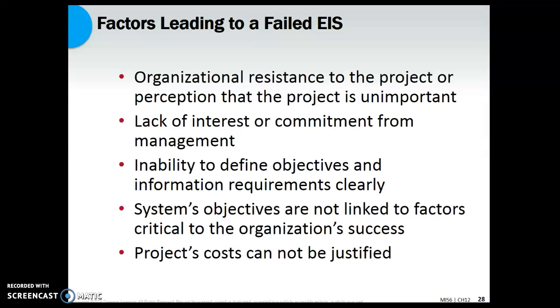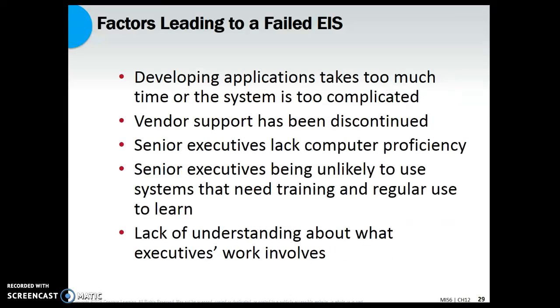Some of the factors that can lead to a failure of an EIS are resistance to the project or perceptions that the project is unimportant, lack of interest or commitment, and inability to define objectives and requirements. The system's objectives aren't linked to the factors critical to the organization's success, and there's also cost that cannot be justified.